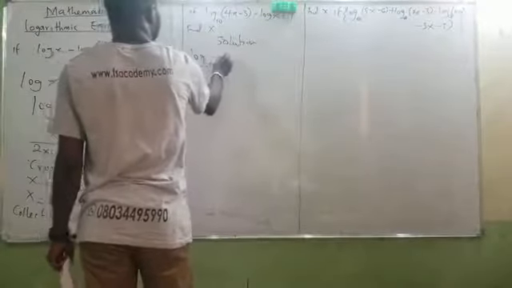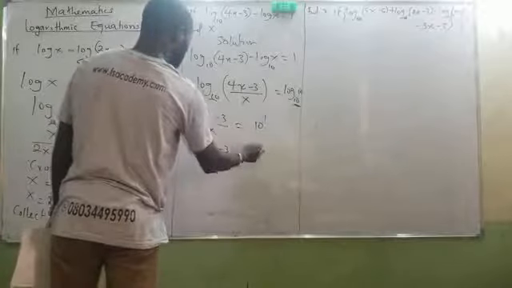Take note of that. So log of (4x minus 3) divided by x equals log 10, which equals 1. Since the bases are equal, 4x minus 3 divided by x equals 10 raised to the power 1. It means 4x minus 3 equals 10x.